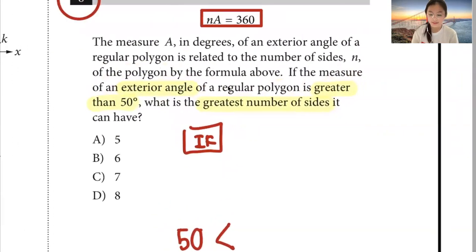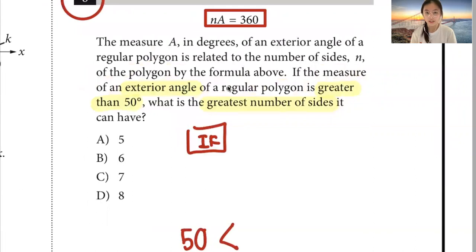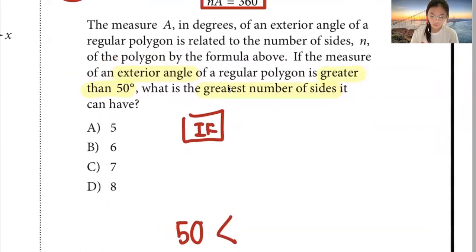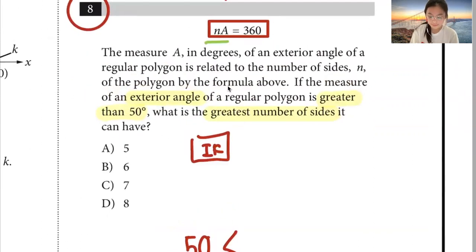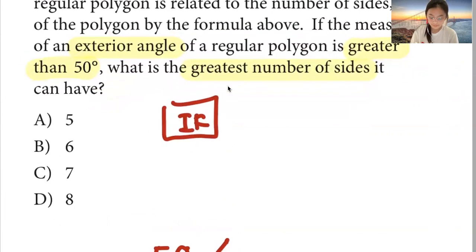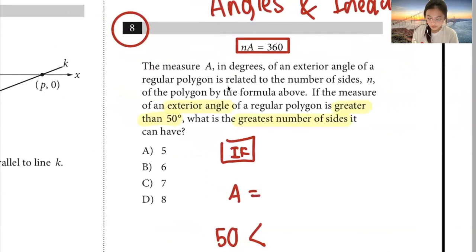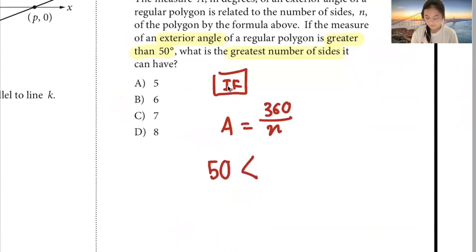we need to isolate the exterior angle because it's not saying the exterior angle and the number of sides should be greater than 50 degrees. It's only touching on the exterior angle. So we need to divide both sides by n to isolate A. So that's going to be A equals 360 over n.